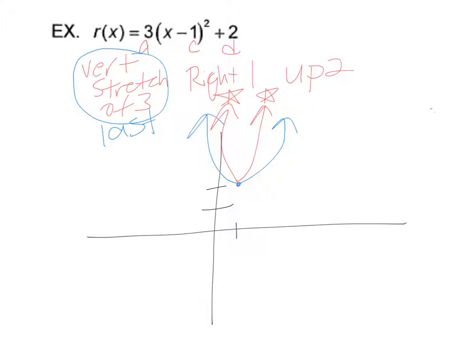Now it depends on the size of the number how narrow it becomes. The larger the number, the more narrow. And so we're not really interested in getting exact graphs. We just want a general sketch. So even though if it was a 10, it'd be even more narrow, we're not going to be that exact. So just get a sketch of it and then you're good.